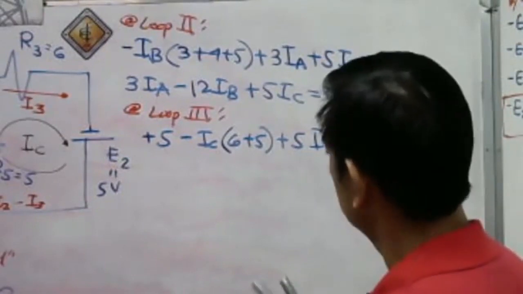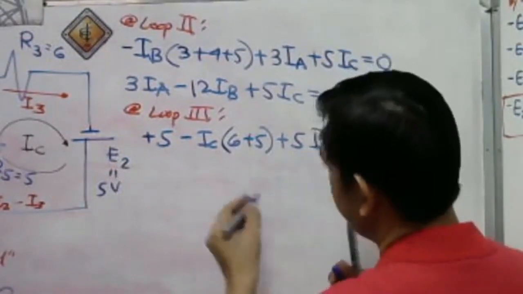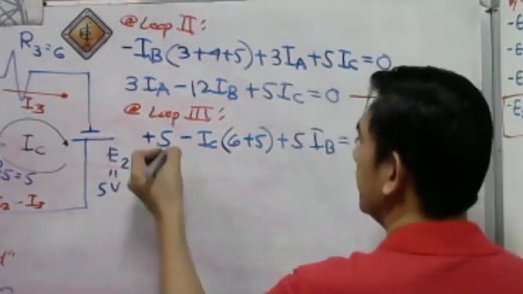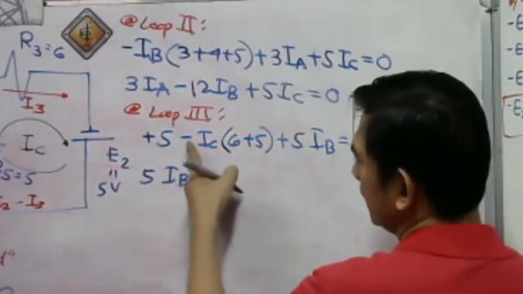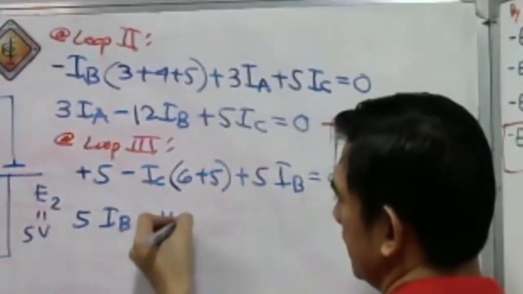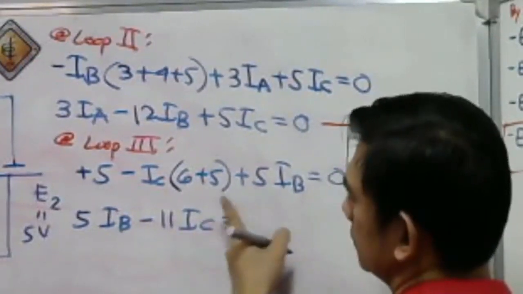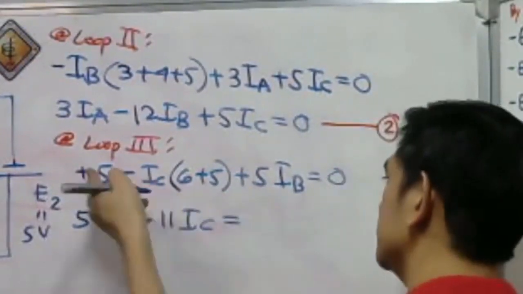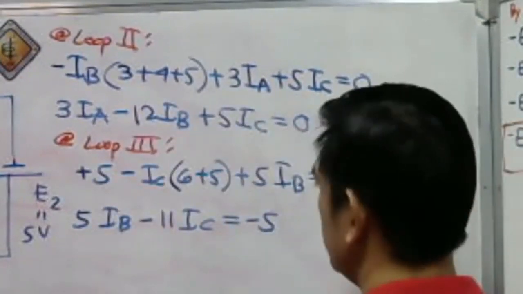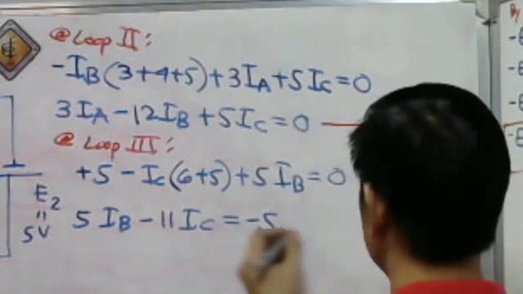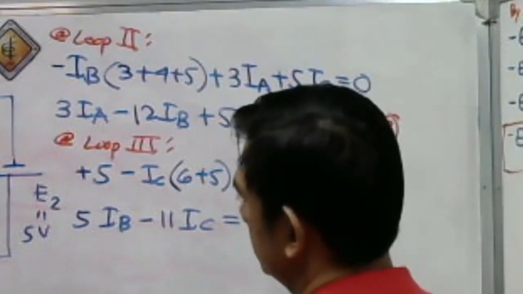Now let us simplify this. We have 5I sub B minus 6 plus 5, so 11I sub C, equal to negative 5. This will be our equation number 3.